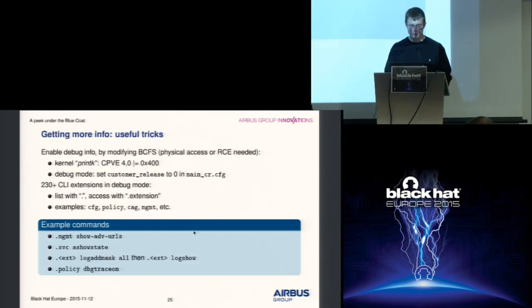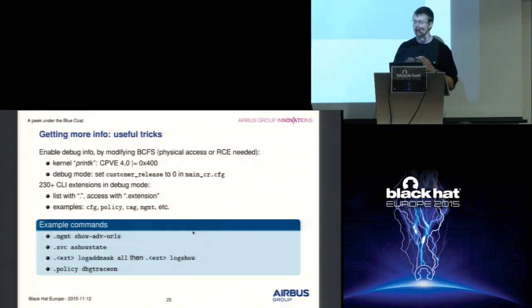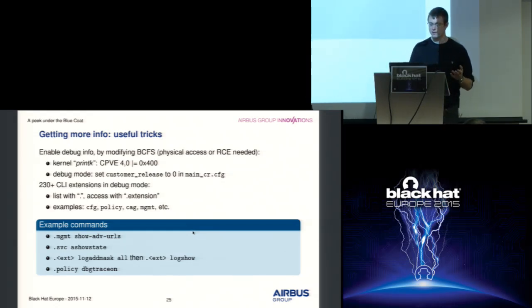Some useful tricks to get more information out of your ProxySG: enable debug information. You need to modify the system image that you're going to boot, so you need either physical access or maybe remote code execution. If you change the flags for the kernel, you can enable a printk debug log. When the system starts, it will output a lot of information about what it's doing.